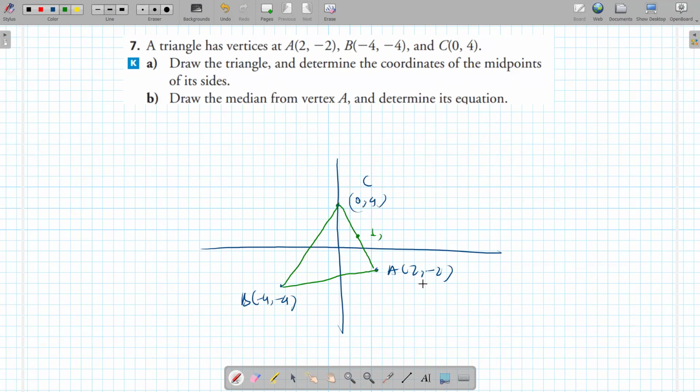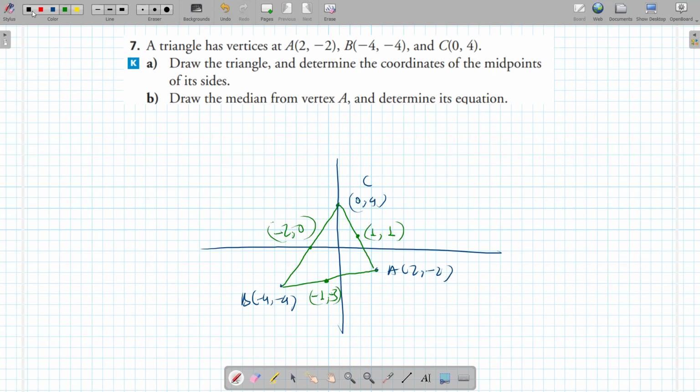It's still 1. Down here, negative 2 over 2, negative 1. Negative 6 over 2, negative 3. Over here, negative 2 and 0. There we go. It's 3 midpoints, super easy to find.